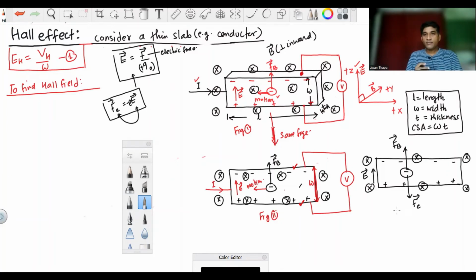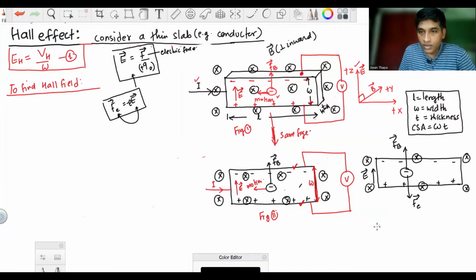So the magnetic force and electric force are opposite to each other. Let me represent this graphically.